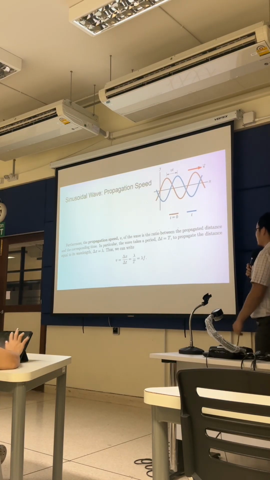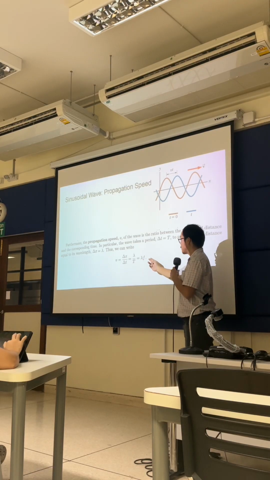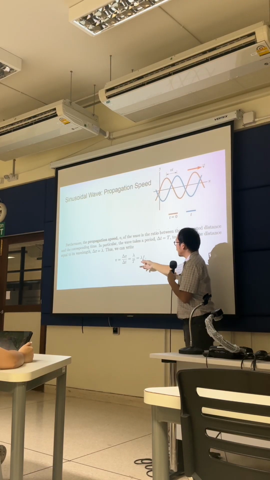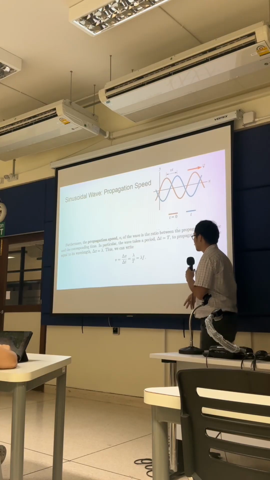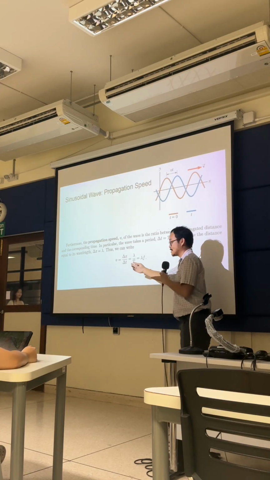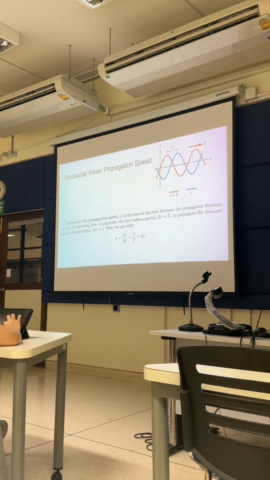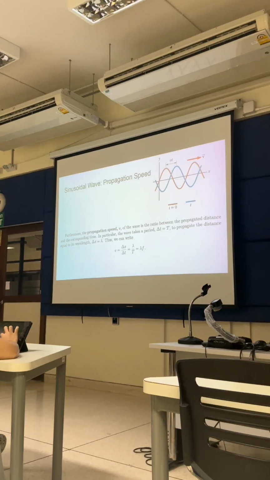If we take lambda in meters and frequency in hertz, which is 1 per second, then lambda f gives us the speed in meters per second. So that's just unit consistency.